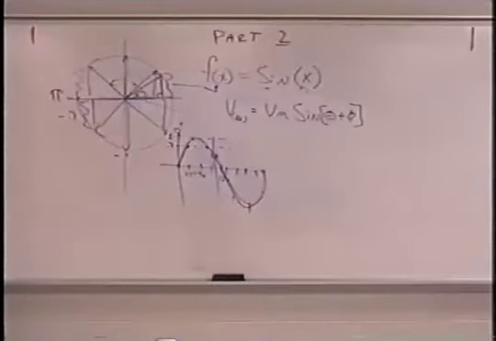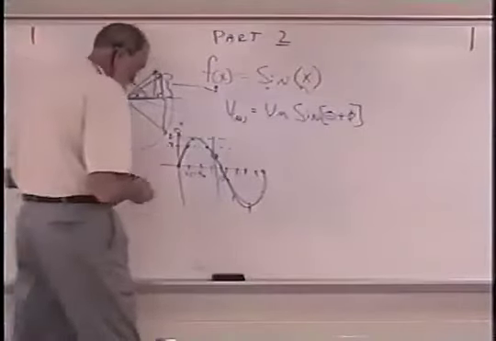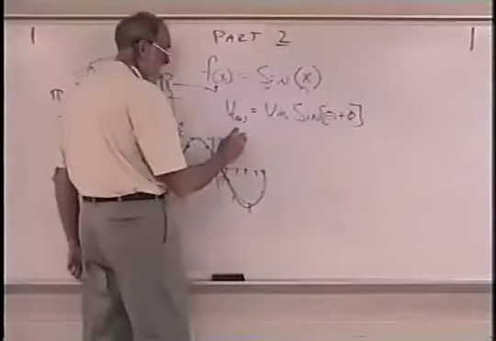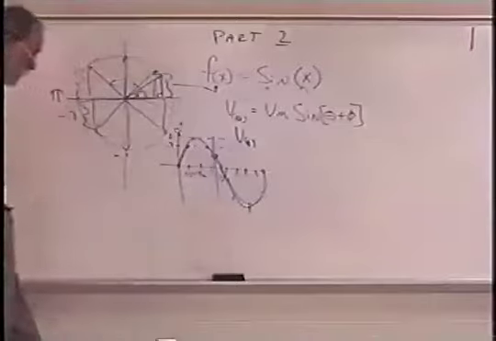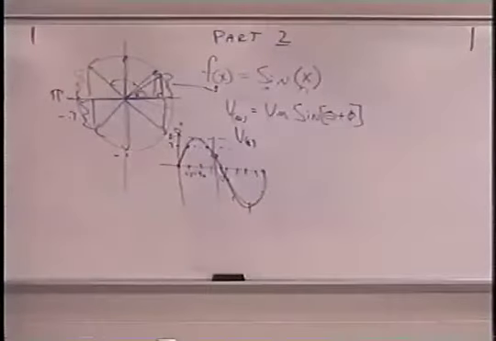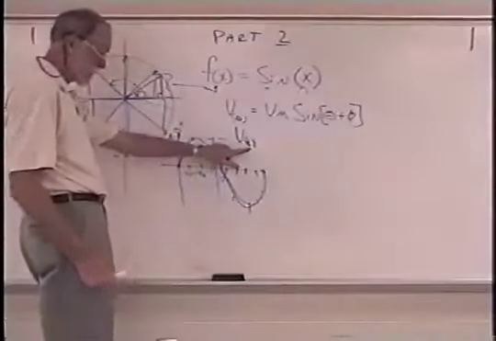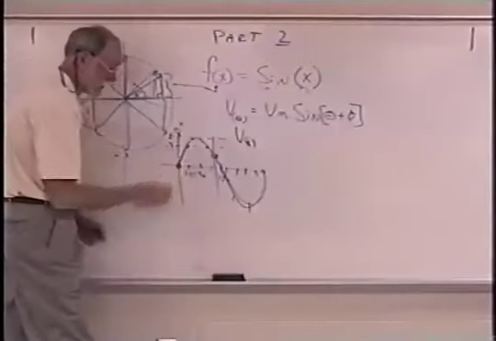version for finding the voltage at a particular angle. Now there's another version, and that version finds the value of the voltage, the instantaneous voltage value, at some time t after the cycle has started.